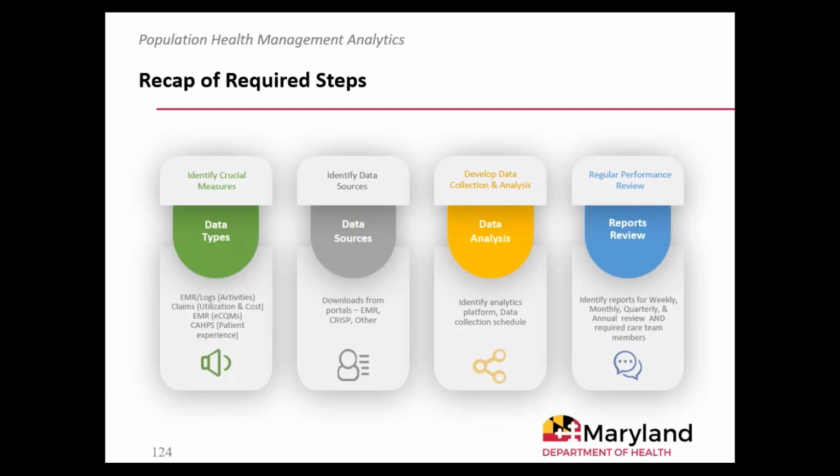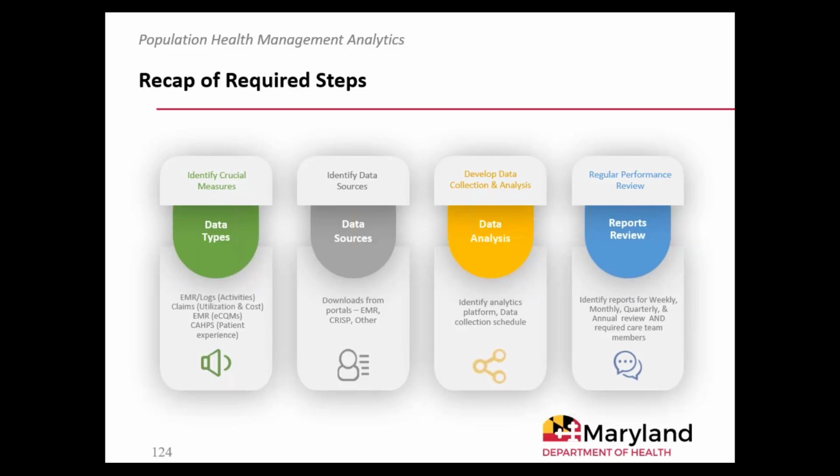Following that, develop a data collection process. So identify a data analytics platform and solidify a collection schedule that best suits your team's needs. And finally, enact regular performance reviews. So based on the data resources you've identified, your reports should be reviewed accordingly on a weekly, monthly, or annual basis.